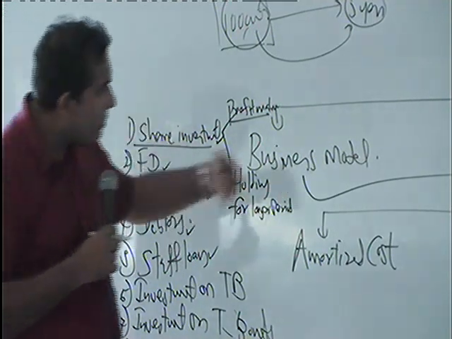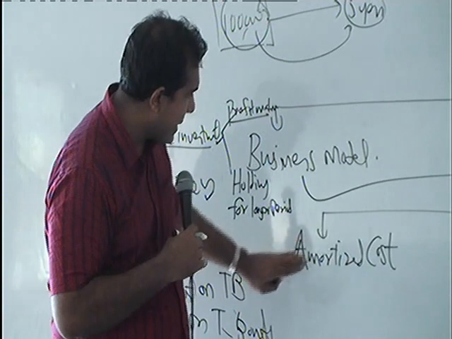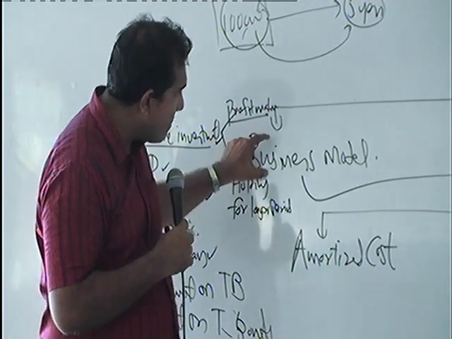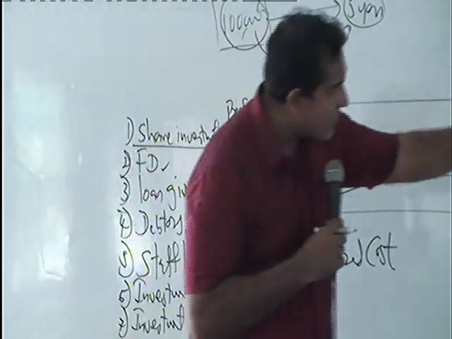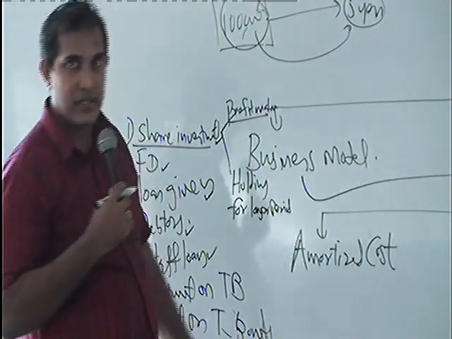Now we are talking about the classification of financial assets. We need to look at the business model as well as the contractual cash flow characteristics.